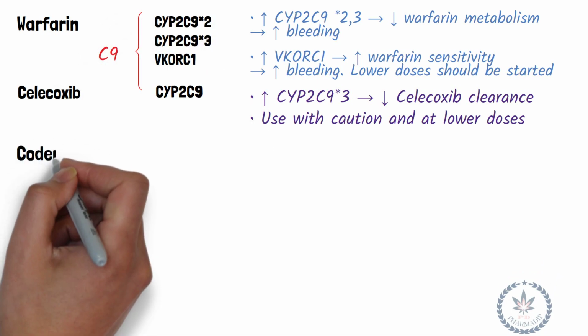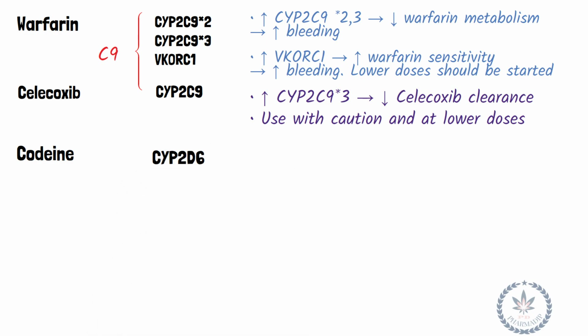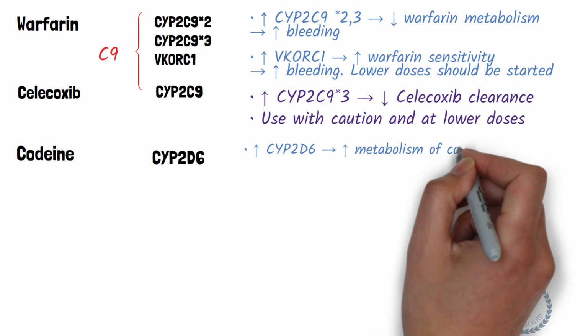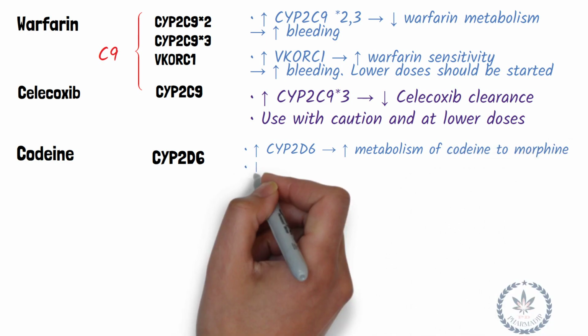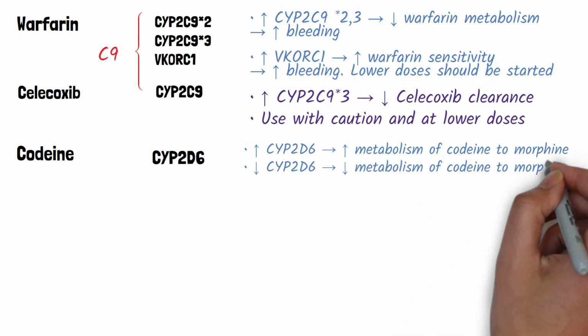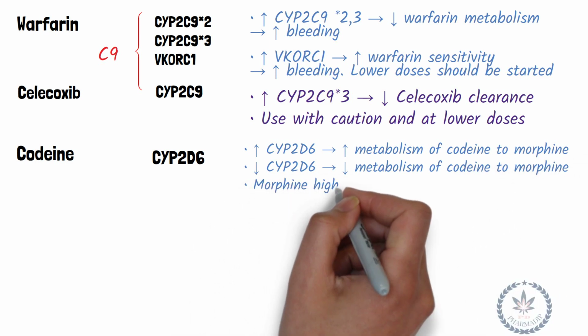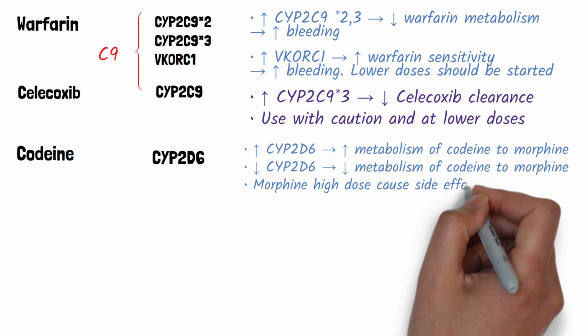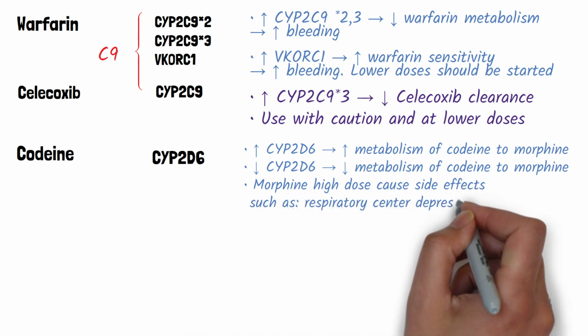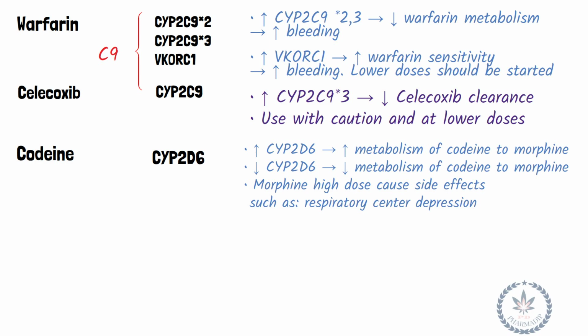CYP2D6 gene codes for the CYP2D6 enzyme. If CYP2D6 increases, then metabolism of codeine to morphine increases. And if there is a decrease in CYP2D6, then metabolism of codeine to morphine is reduced. Hence, low or no effect of codeine since it is not converted to morphine. However, at a high dose, morphine causes side effects such as respiratory center depression.